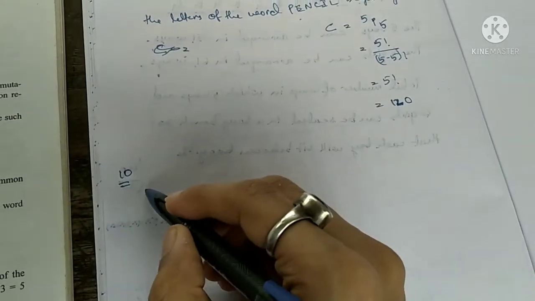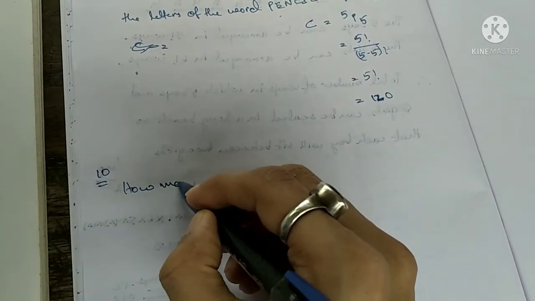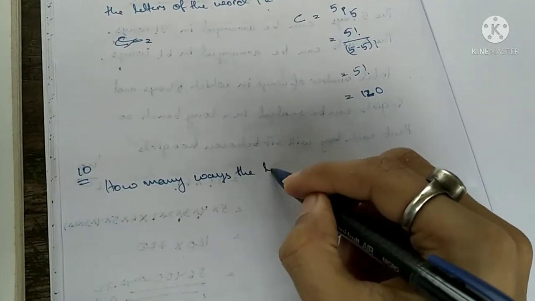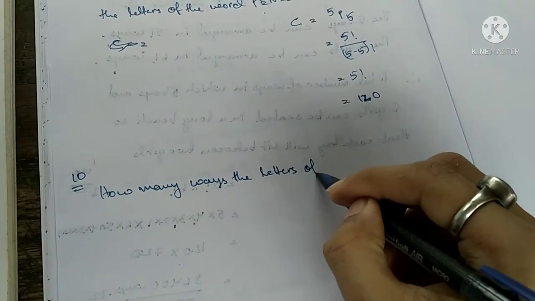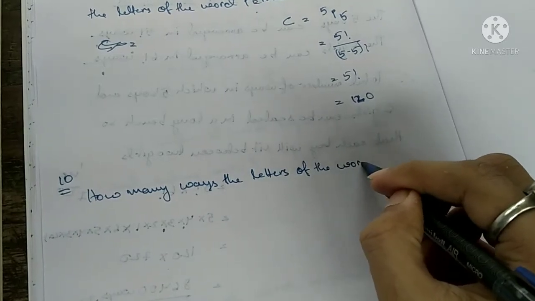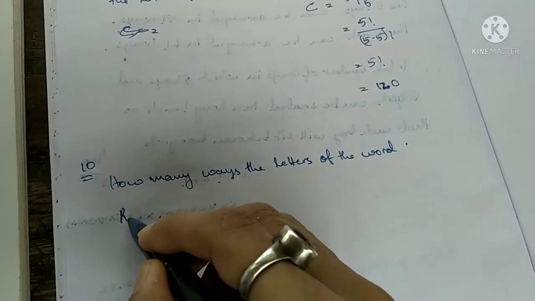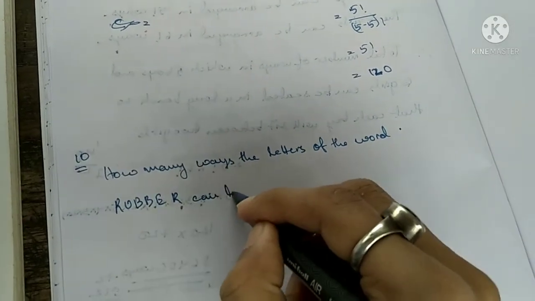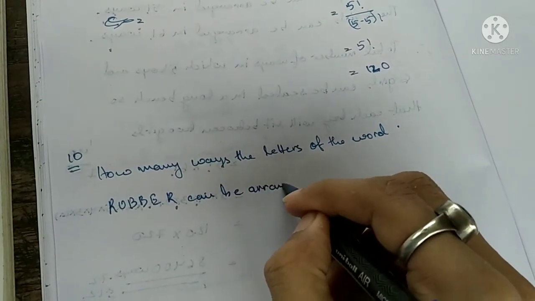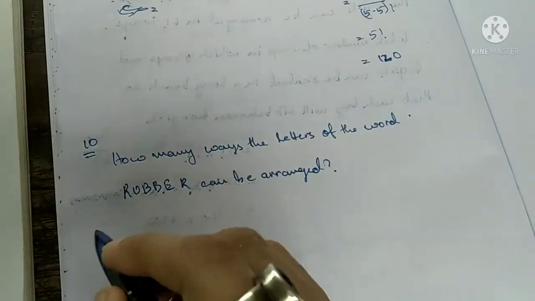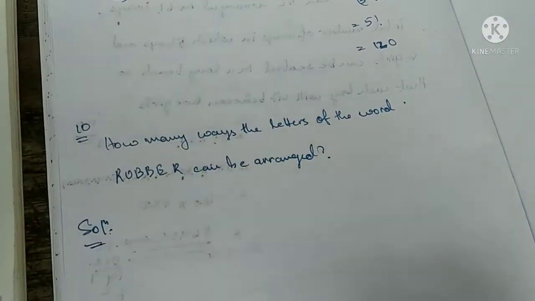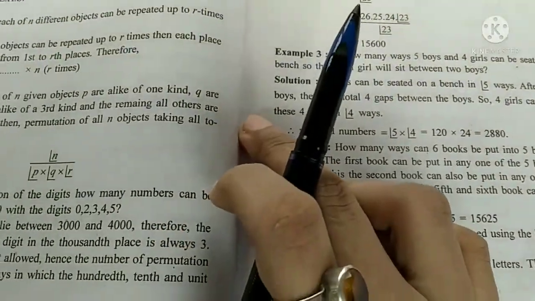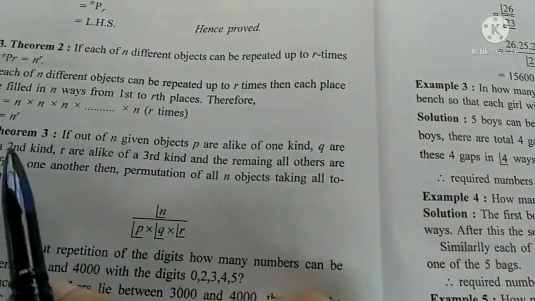Next, question number 10, you see, how many ways the letters of the word rubber can be arranged. So in here, we will follow this theorem.